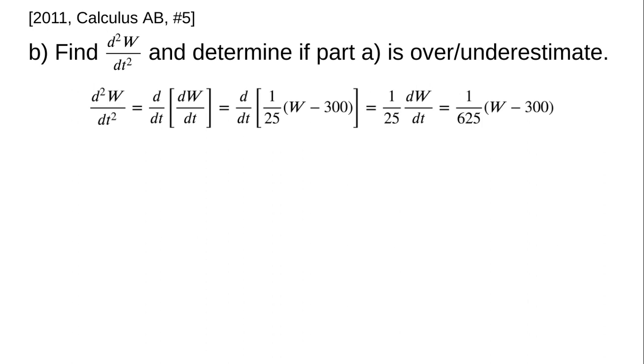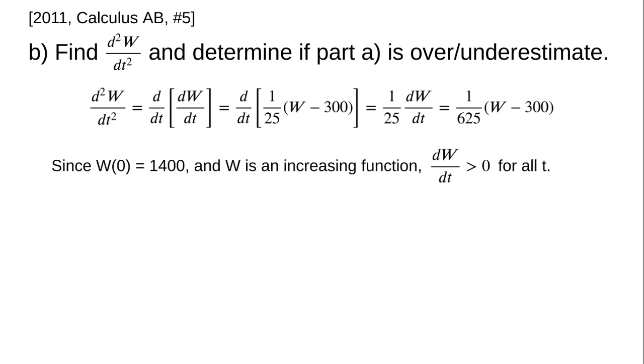So to find d squared W/dt squared, we're just going to differentiate dW/dt, which is 1/25 times W minus 300. Differentiating this, we get 1/25 of dW/dt, which is just 1/25 times W minus 300 again. So 1/25 times 1/25 is 1/625 times W minus 300.